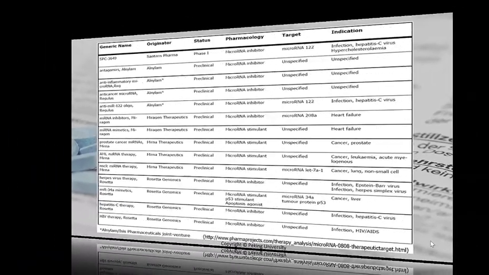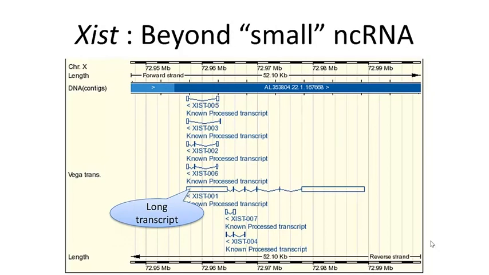A series of drugs have been developed, some of which have been or are currently undergoing clinical trials. The non-coding RNAs are, however, far more than small RNAs such as miRNAs. Long non-coding RNAs, lincRNAs, can be as long as dozens or hundreds of bases. These lincRNAs are similar to protein-coding mRNAs as they have multiple exons, alternative splicing, and a poly-A tail.